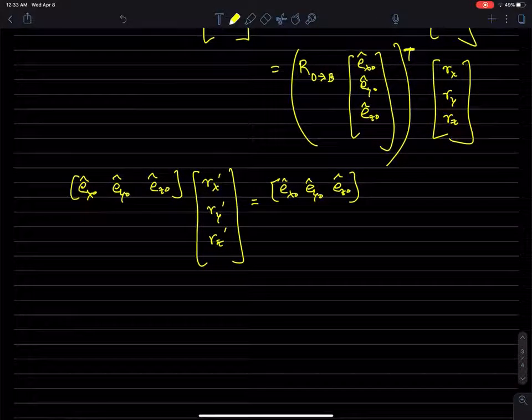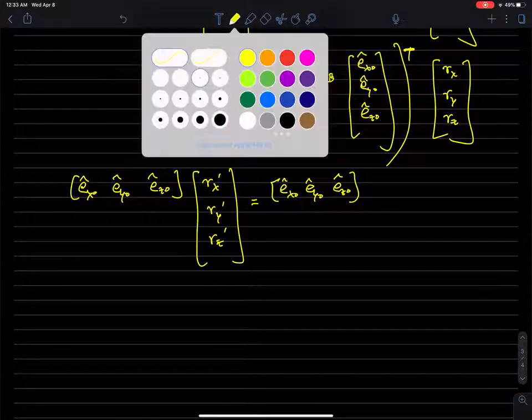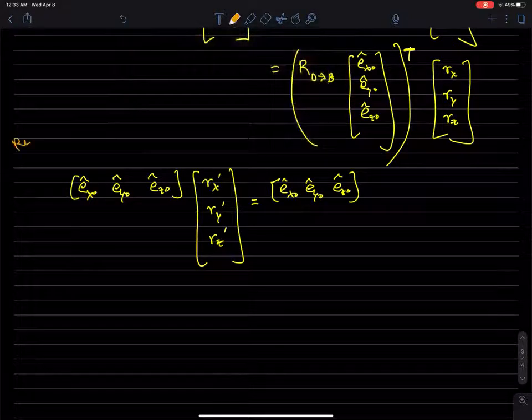And then recall AB transpose is B transpose A transpose.